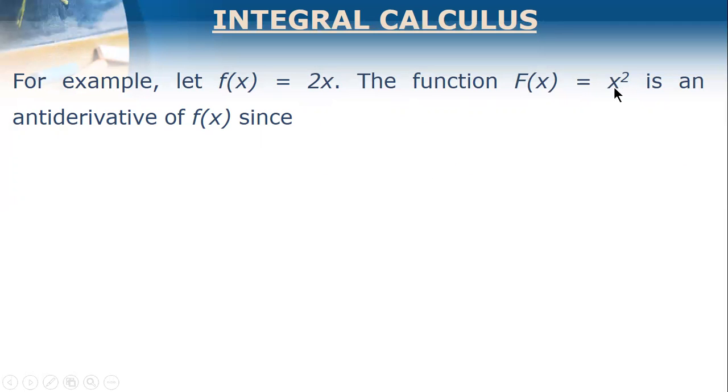So that the derivative of x squared is 2x. So therefore, x squared is an antiderivative of 2x. Ba? So, kinina function, capital F of x, which is x squared, is an antiderivative of small f of x, which is 2x. Since the derivative of x squared with respect to x is equal to 2x. So the antiderivative of 2x is x squared. Okay, I hope na clear na.